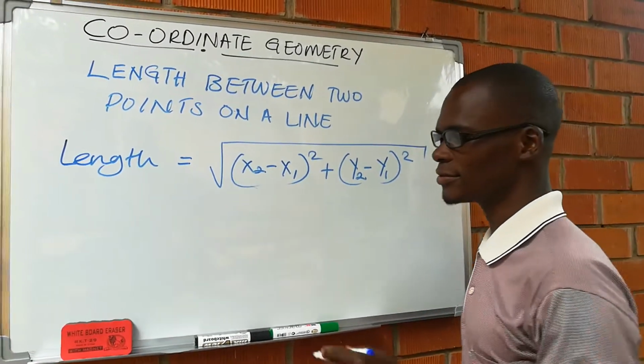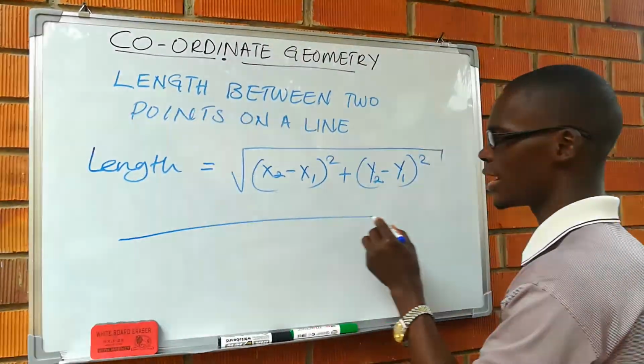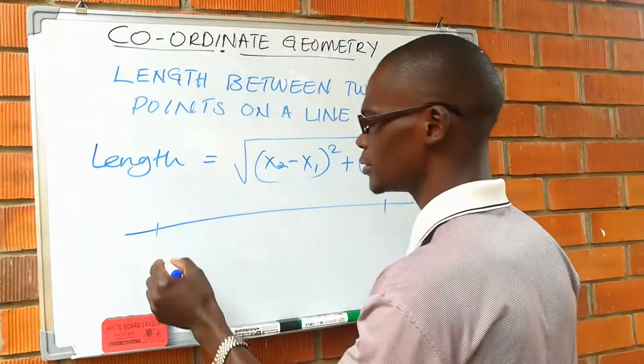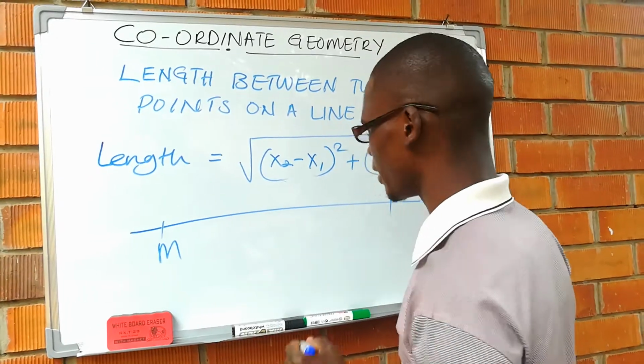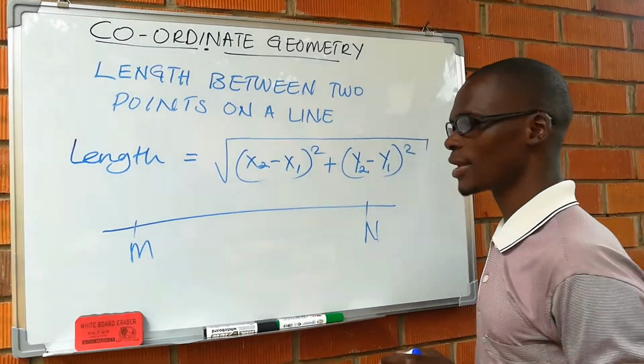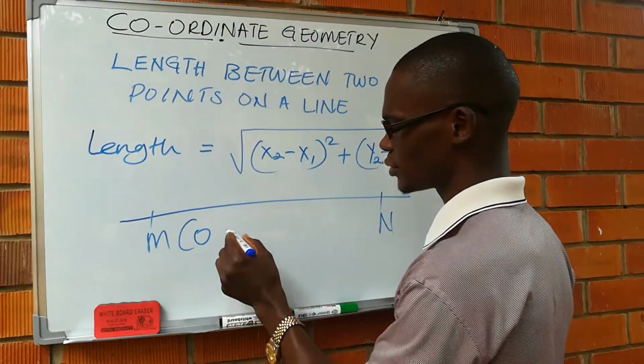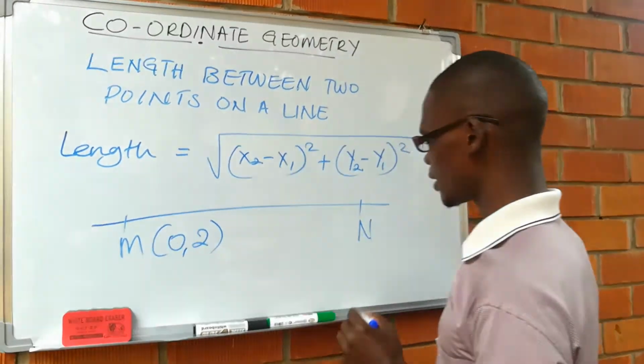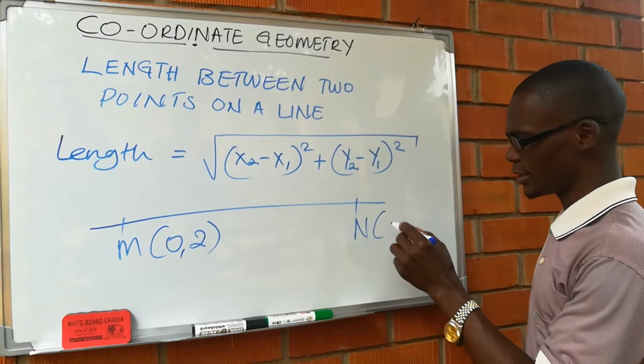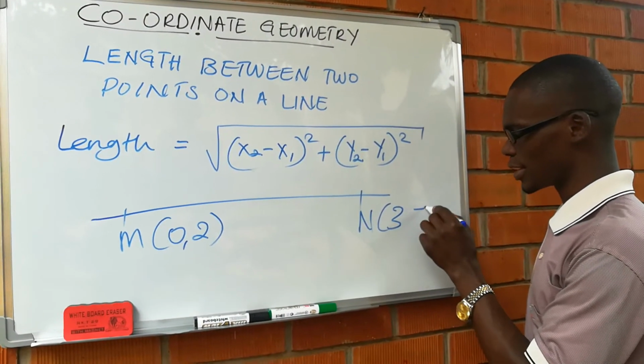Assuming we have our line passing through 2 points m and n, where m is given by 0, 2, and n is given by, let's say, 3, negative 1.